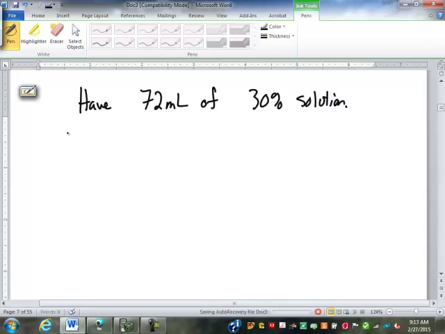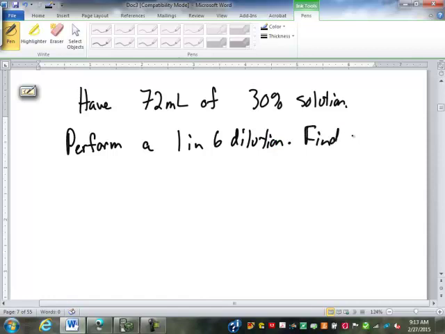And we are going to take that, we're going to perform a 1 in 6 dilution. Find the new concentration. The concentration is just the percentage of the total solution, that is the serum.